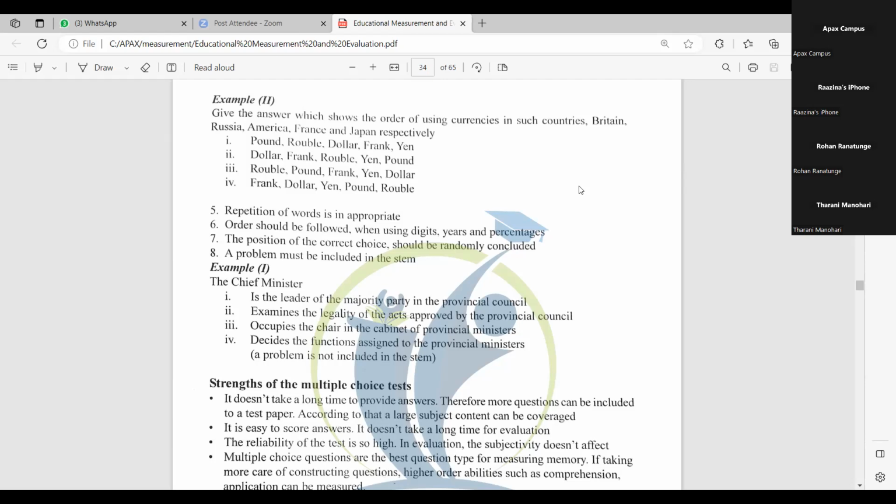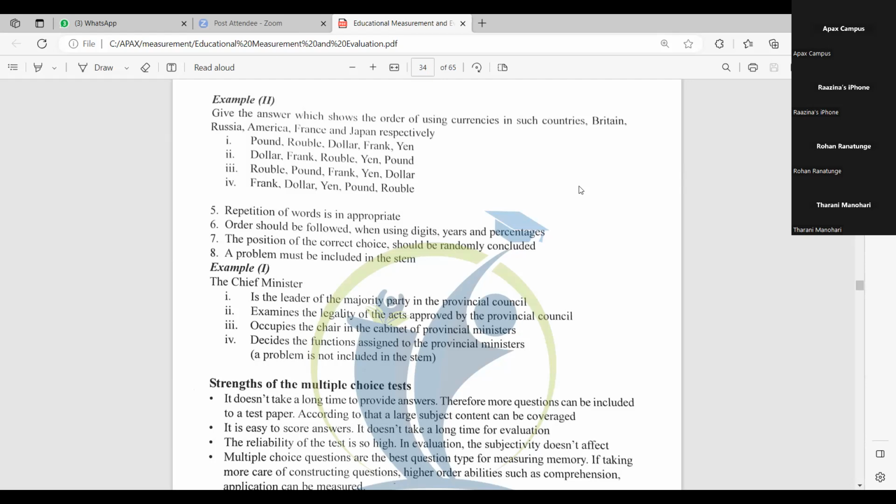Percentages are also the same. What percentage of Sri Lankans are Buddhist? You can't give answers like 80%, 75%, 85%, 70%. They should be in a particular order, like 70%, 75, 80 or 85. The position of the correct choice should be randomly concluded, right?